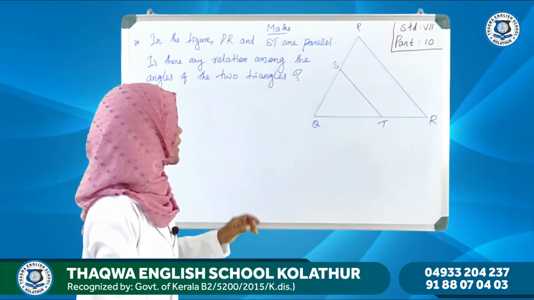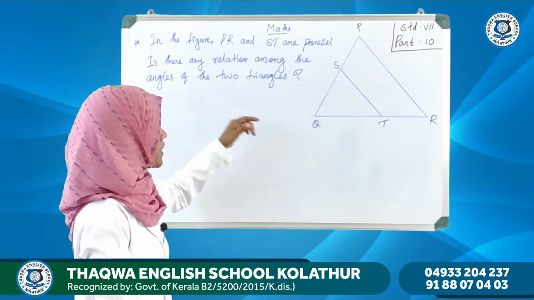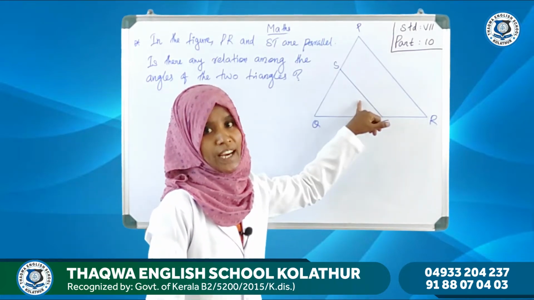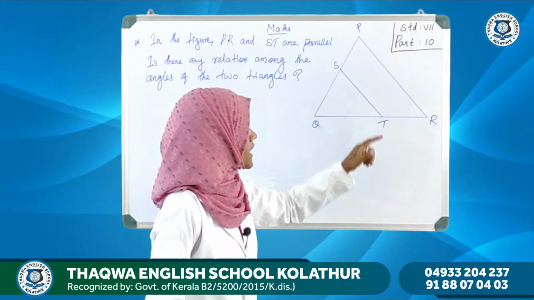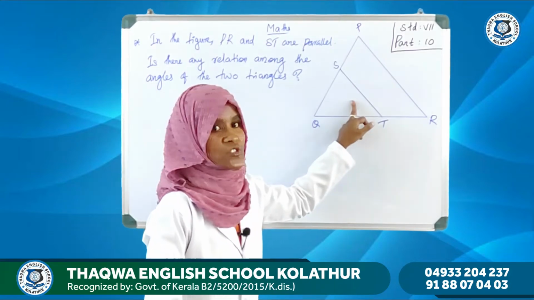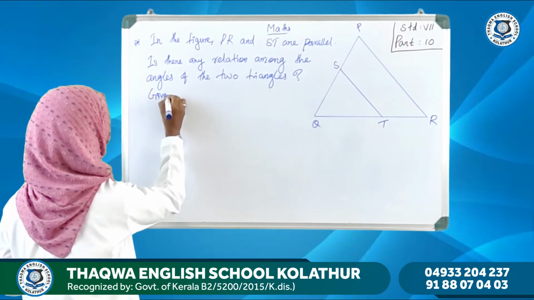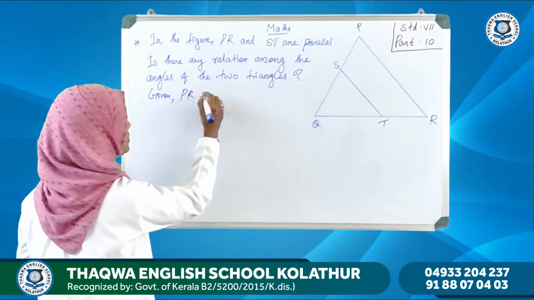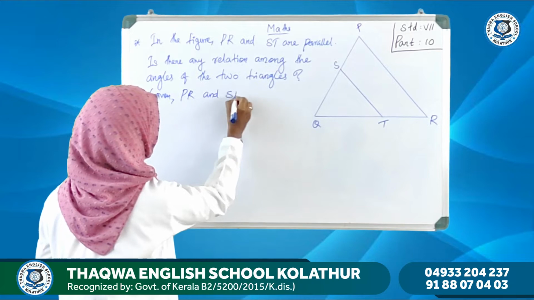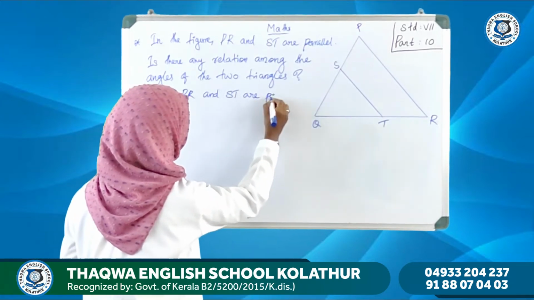Okay. We want to find out the relation between the angles of these two triangles. Okay, what is the given condition? PR and ST are parallel.